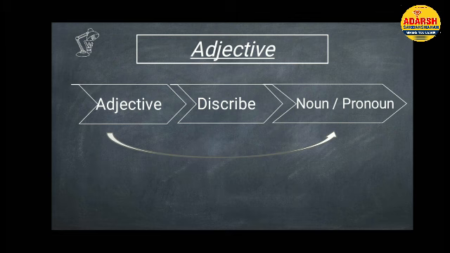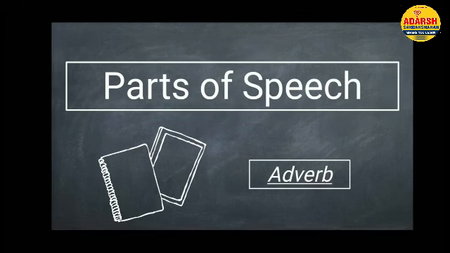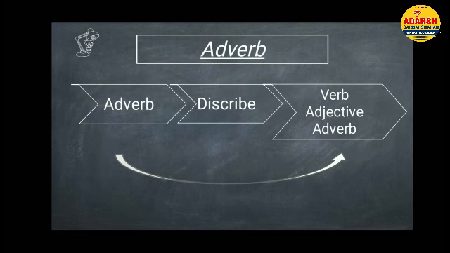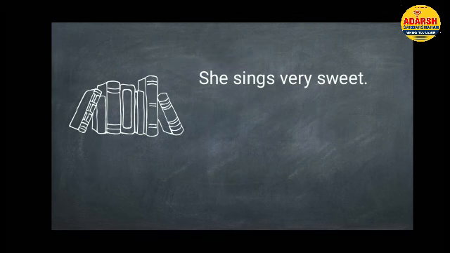Now let's look into the next part of speech, which is adverb. Adverb is a word used to describe a verb, adjective or adverb. Let's have some examples to understand it better. She sings very sweet.